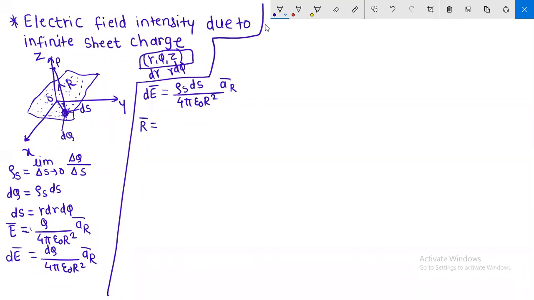Now tell me the coordinates of this ds for the cylindrical coordinate system. For cylindrical coordinate system, what will be the coordinates at point ds?